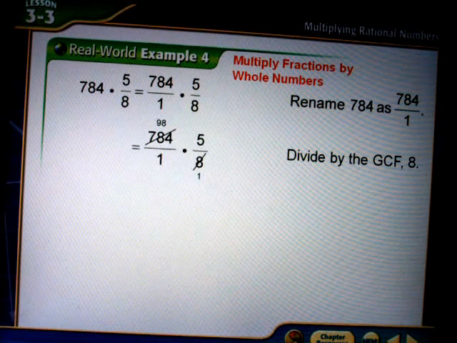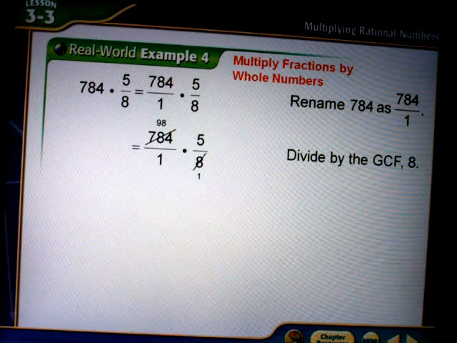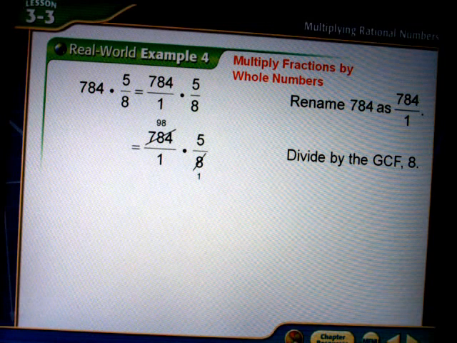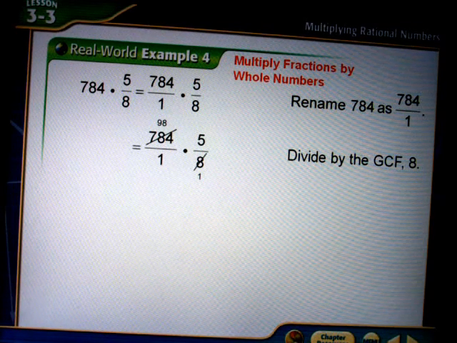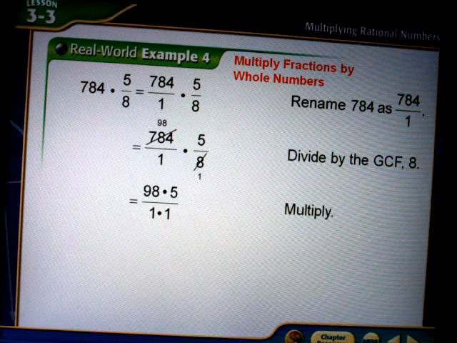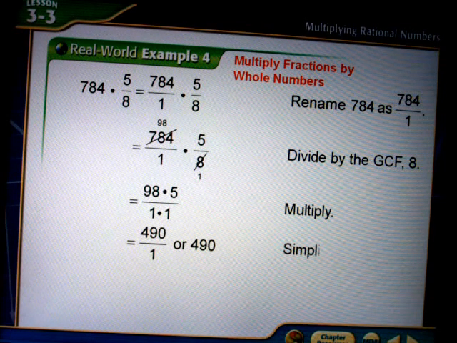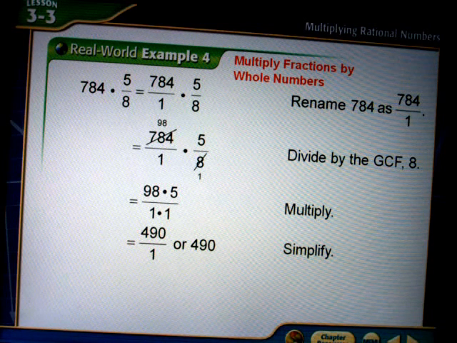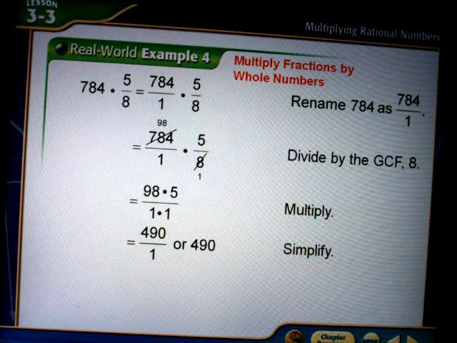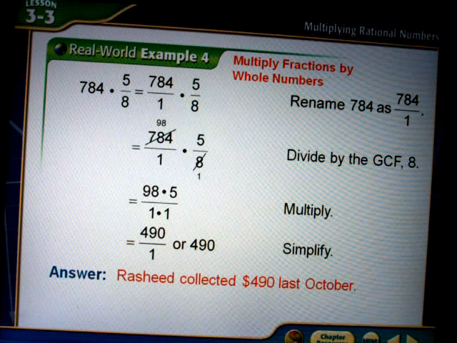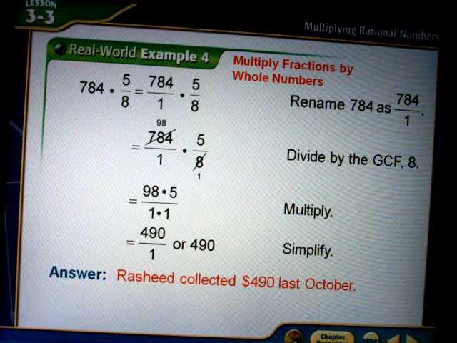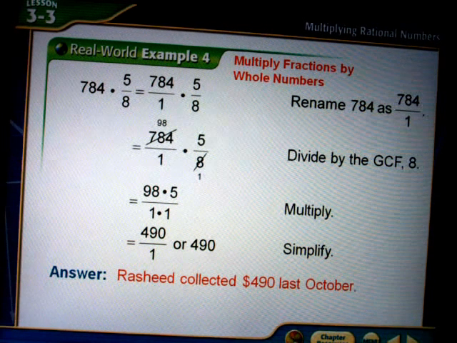We're going to factor out, since 8 already goes into 784, then we don't have to multiply as much in terms of our numbers. And so then we're left with 98 times 5, and that is 490. And it would make sense that he would collect less than what he did last year. So Rashid collected $490 last October.